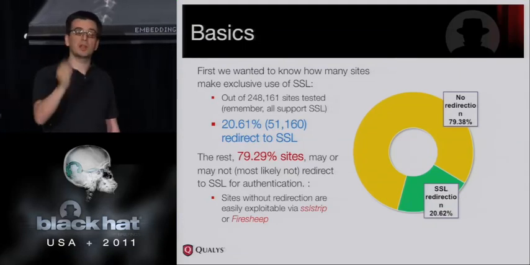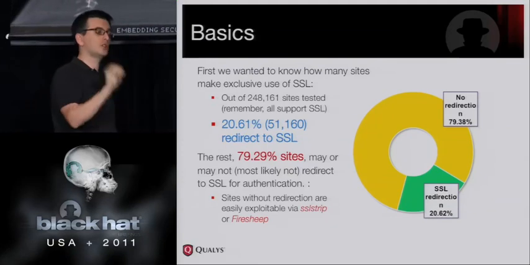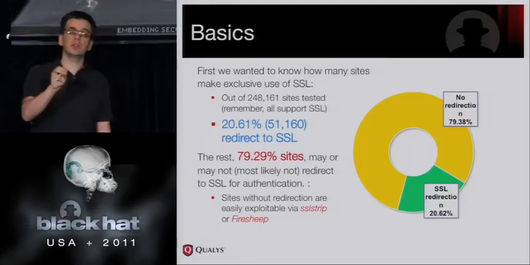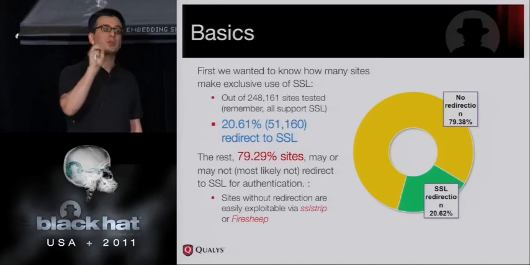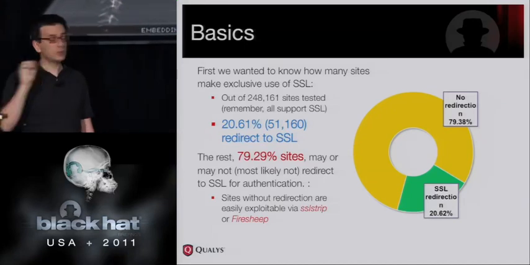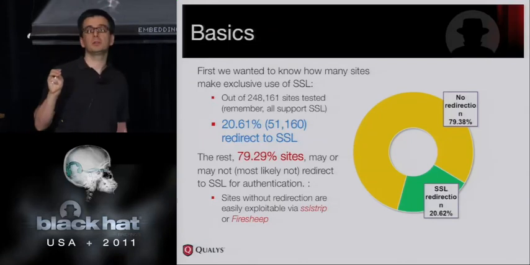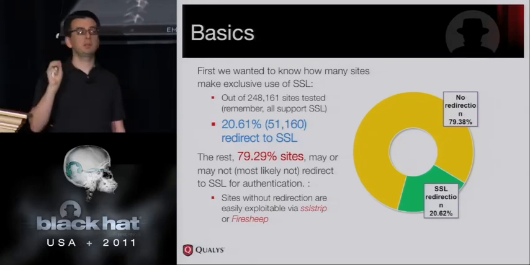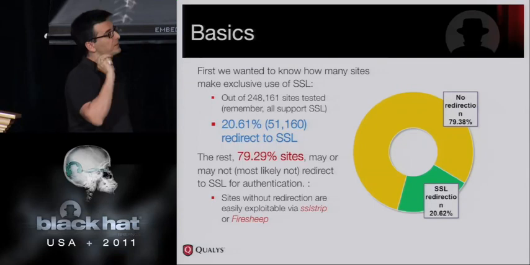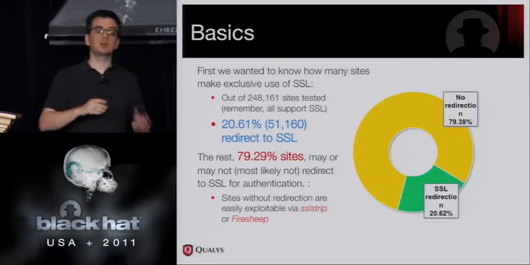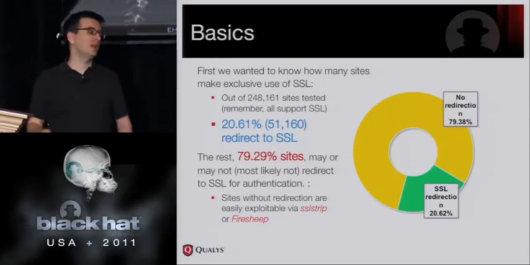It's trivial. That's a great tool that shows something that we knew for a very long time, but it showed how easy it is to do. And what we see for this metric is that 80% of the sites are effectively vulnerable because they will accept plain text connections, and only 20% of the sites will redirect to be 100% SSL.